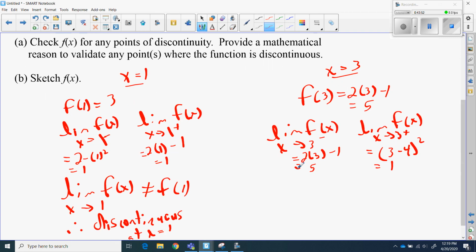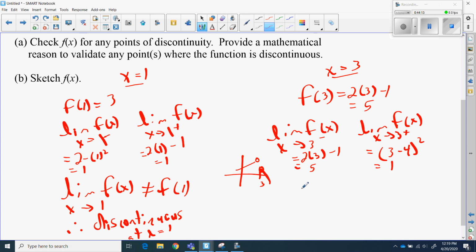All right, we have an issue here. The left side and the right side are not the same. That implies visually, if you picked 3 on a graph here, the left side's going one place, the right side is going somewhere else. There's a gap in the graph. So as soon as these are different, it's discontinuity because there's a gap in the graph.